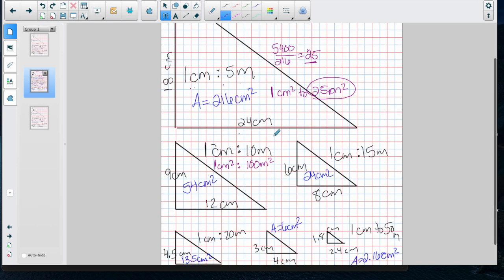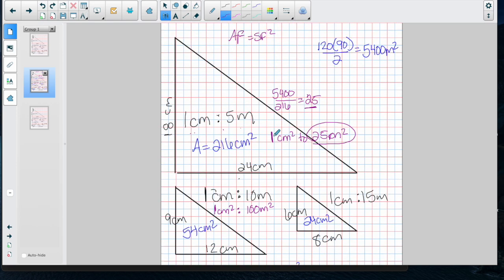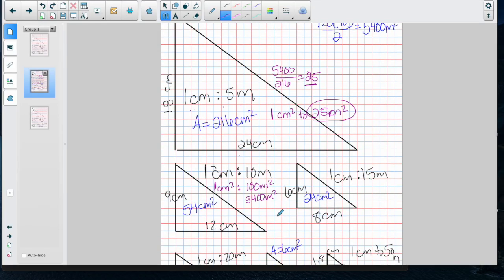My original area is 5,400 square meters. I'm multiplying my square centimeters by 100 to get my square meters. So going backwards, if I divide by 100, 5,400 is equal to 54 square centimeters, which is what we got in the first place.